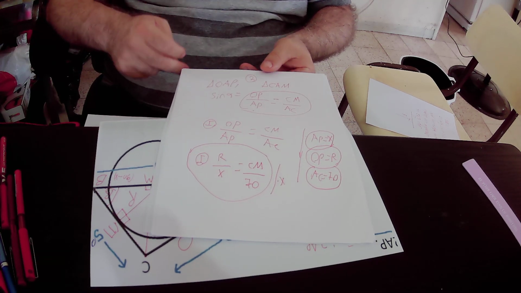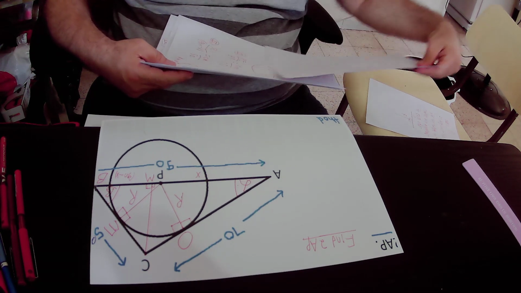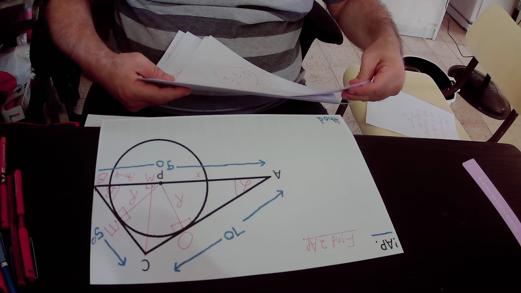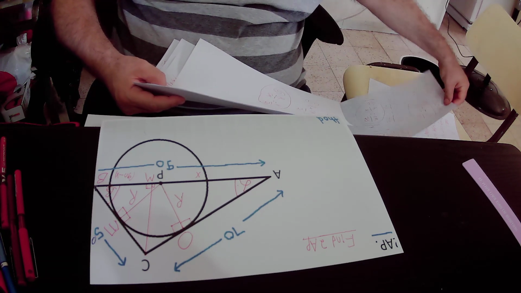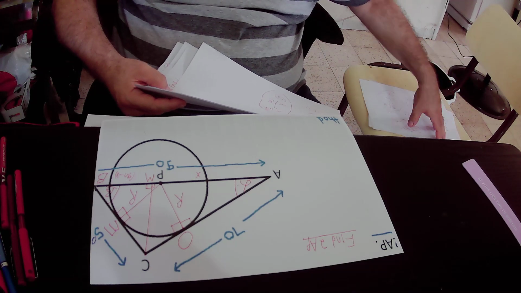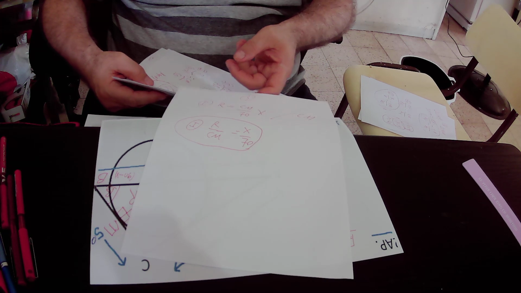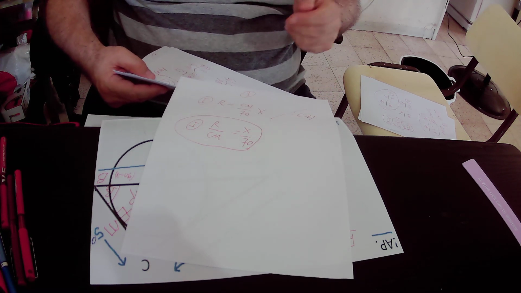This is our first equation, and we will do the same thing on the other side of the equation. So for the first equation we got that R over CM equals X over 70.